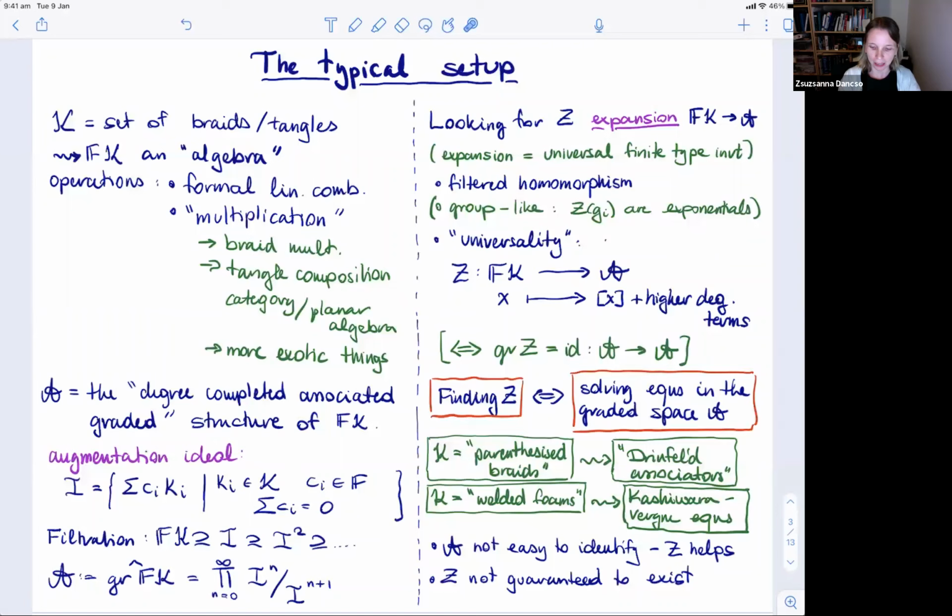Then its image would have to be the class of X in I squared mod I cubed plus higher degree terms. So the minimal degree part of the image of X would have to be its class in the quotient, where that makes sense.